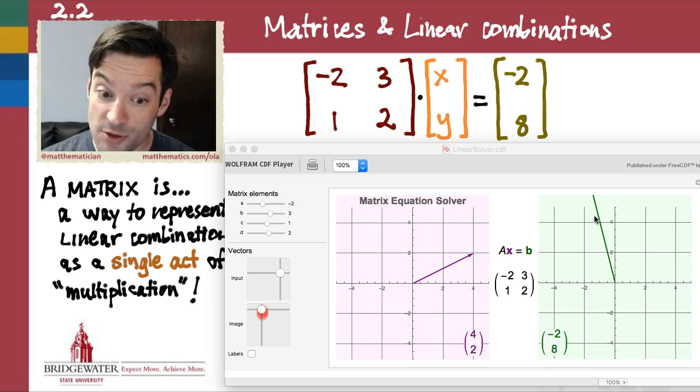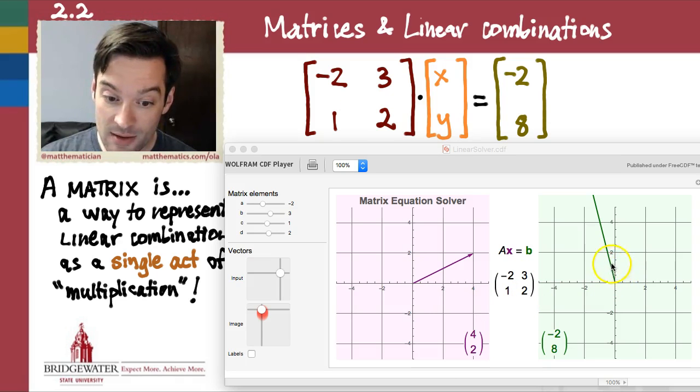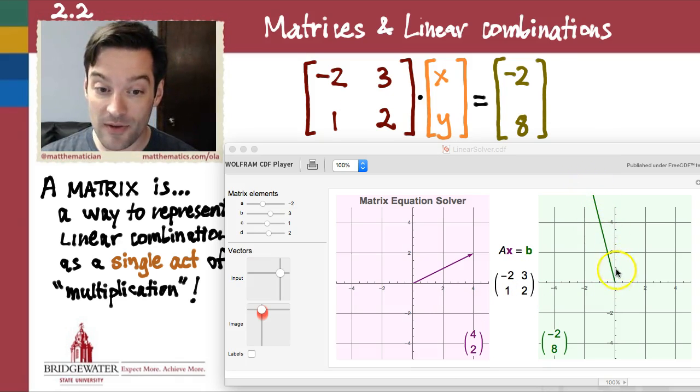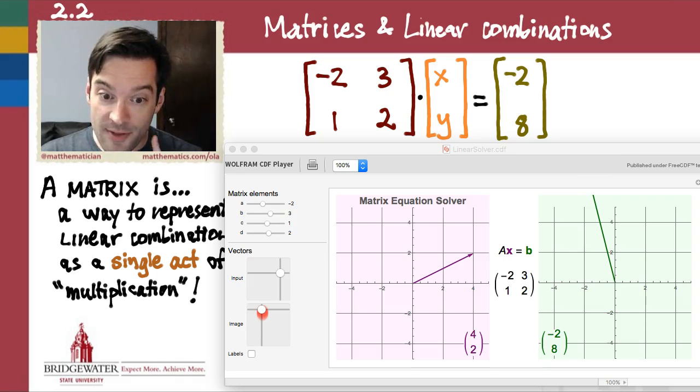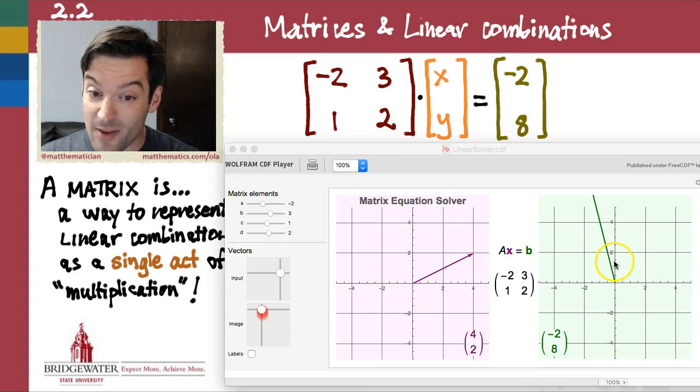In this transformational viewpoint, that means that if I take the vector 4, 2 here in my domain, and I multiply that x vector by my matrix A on the left, the result is going to be the vector negative 2, 8, my b vector, living here in the codomain. And the key to this understanding is that the matrix is not an element in the codomain or in the domain. The matrix is not one of these vectors or another. The matrix describes the connection between domain and codomain. The matrix is the function that relates domain to range.